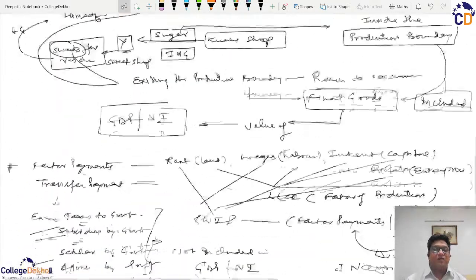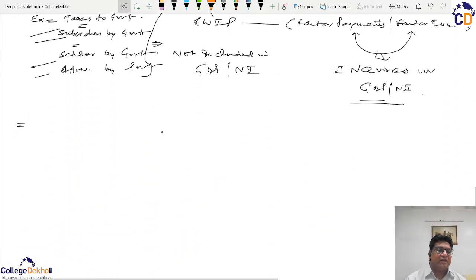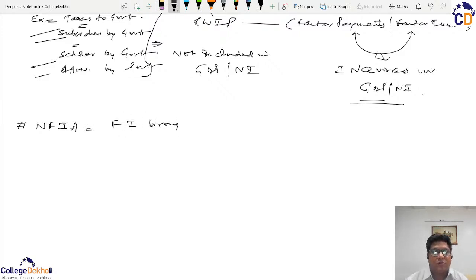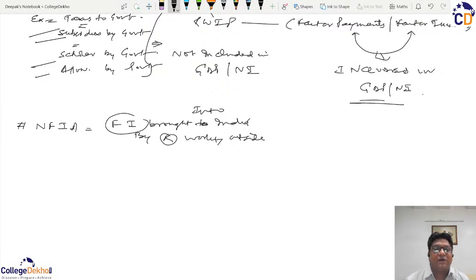This NFIA, we have already discussed that this net factor income from abroad is the excess of the factor incomes which have been brought into India by residents working outside, जो इंडियन रेजिडेंट्स इंडिया से बाहर काम कर रहे हैं और वो वहाँ से जितना पैसा इंडिया में लेकर आते हैं, इसको हम शॉर्ट में क्या बोलते हैं, फीफा, फॉरेन इनकम फ्रॉम अब्रॉड.